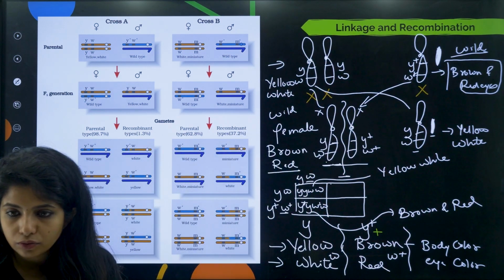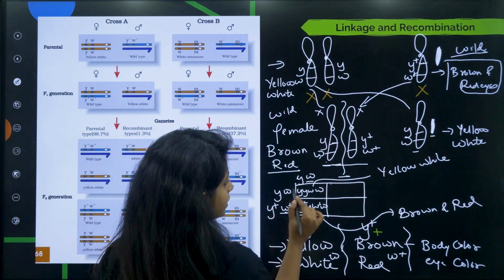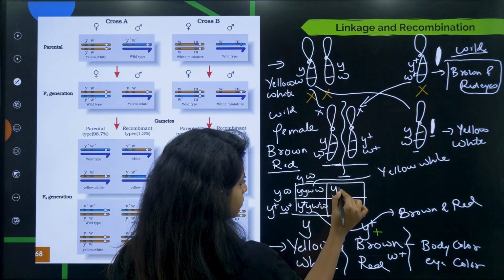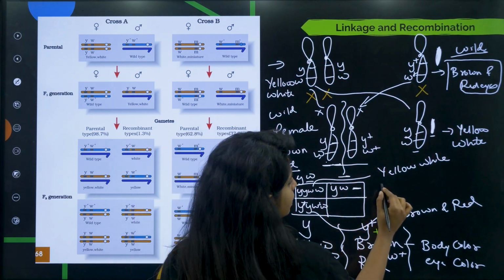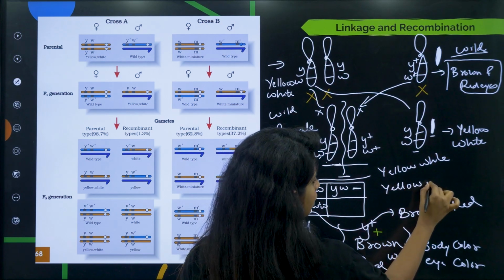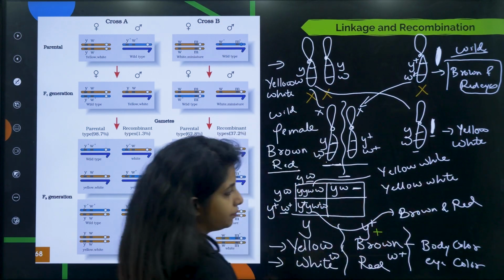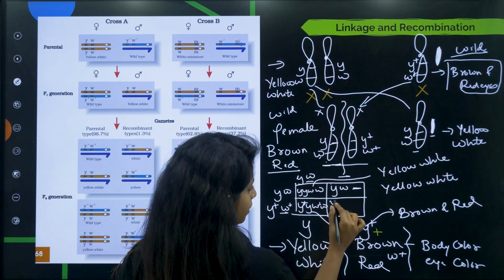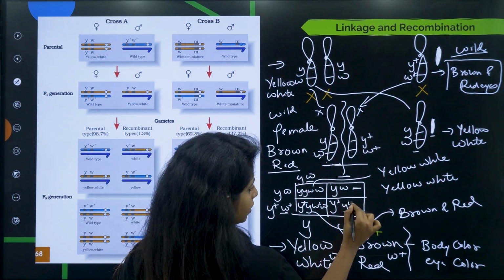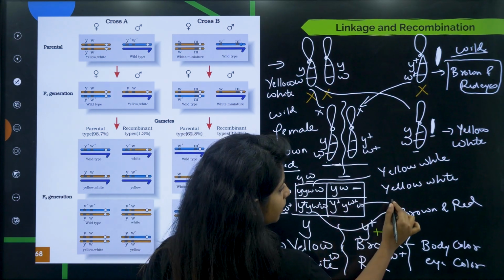Is this visible to you? Now this and this fuses, and since there is a male gamete, it has to be yellow and white. And over here, it will be Y plus Y, W plus W, so again brown and red.